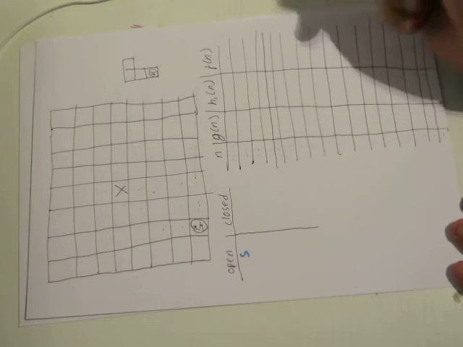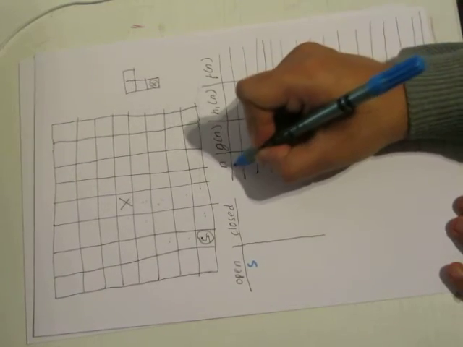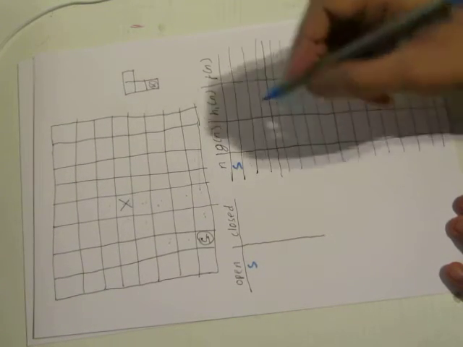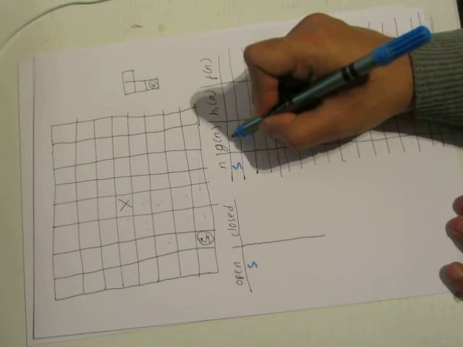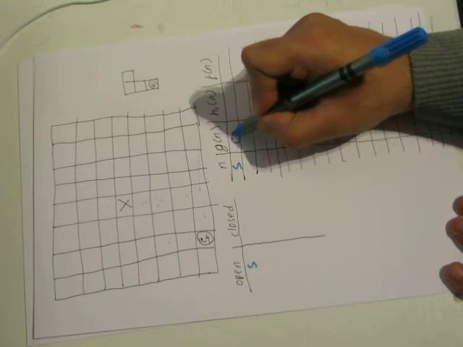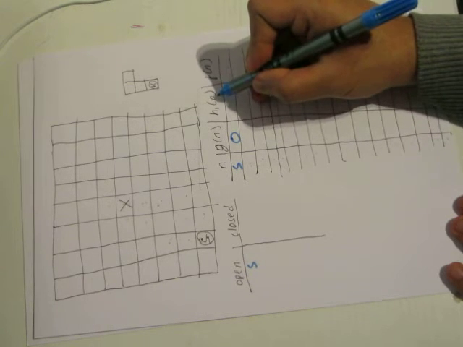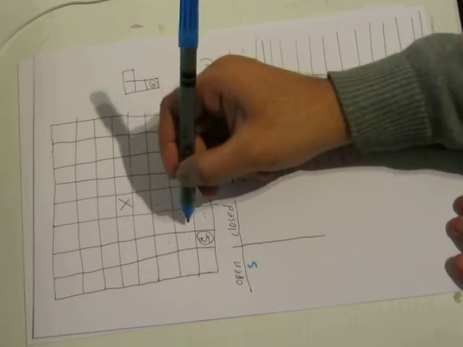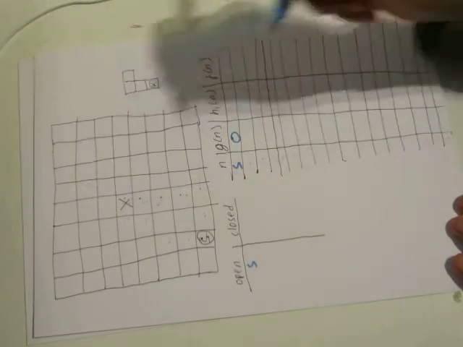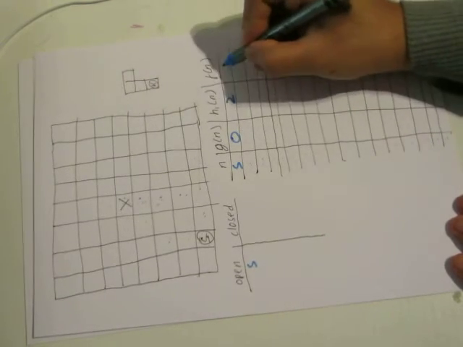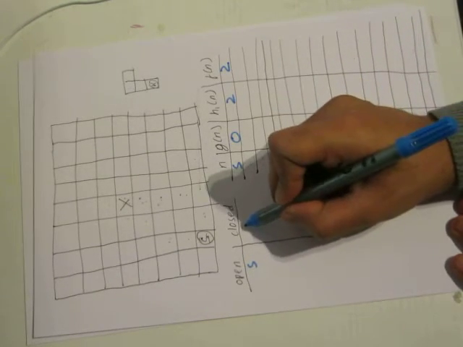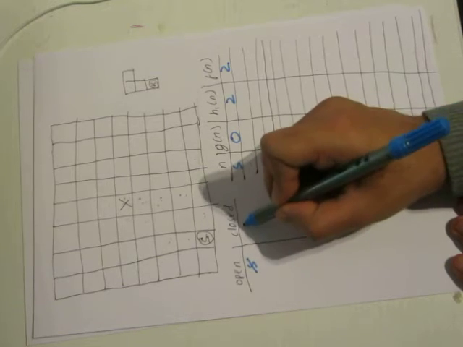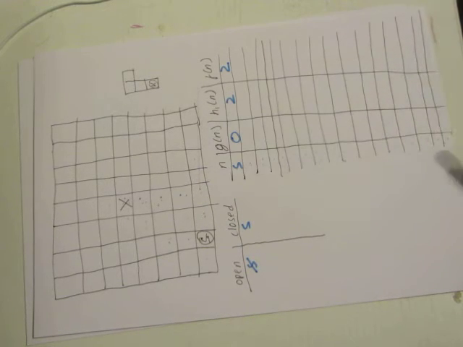But before that, we calculate the value for s. f(n) of s is g of s, which is 0, plus h1 of s, and s is 1, 2, 3, 4 distance away. 4 divided by 2 is 2, so f(n) is 2. Then we put s into the closed list and expand it.